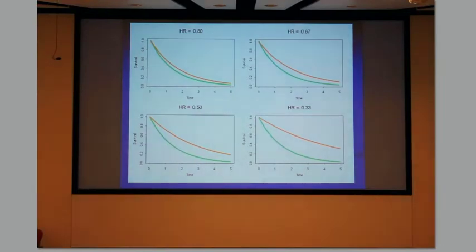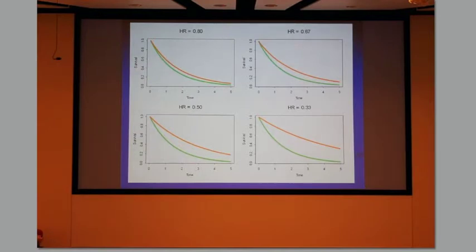So these pictures are of exponential survival curves, and they satisfy the proportional hazard assumption, and they have varying degrees of hazard ratios associated with them. A hazard ratio of 0.8 denotes curves which are fairly close together, so there's a relatively small difference in the survival curves.